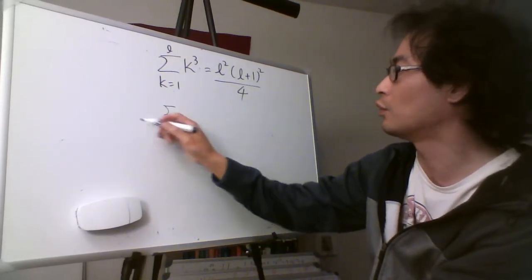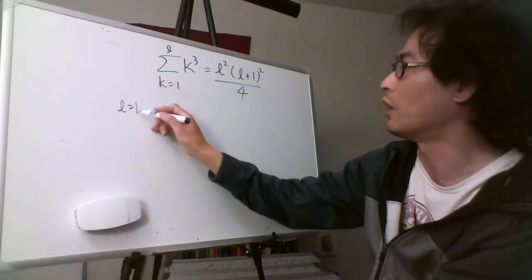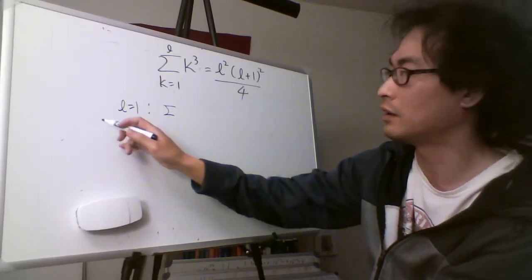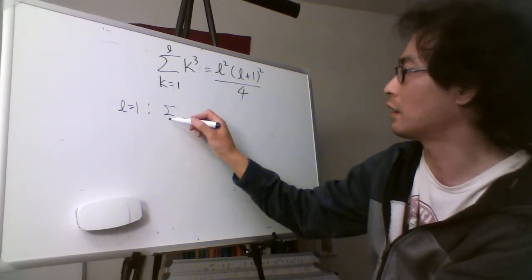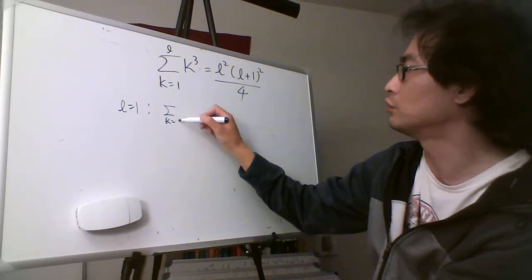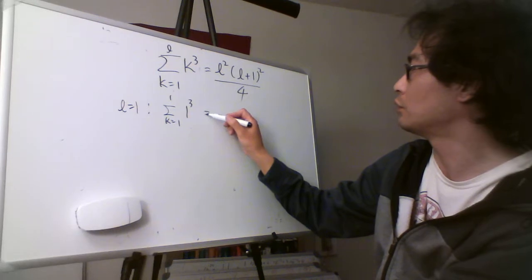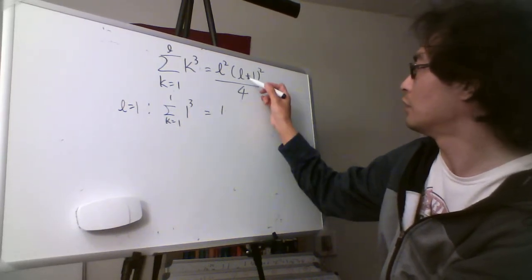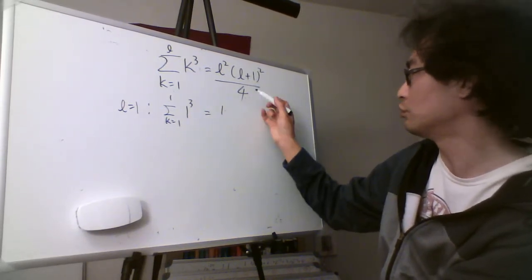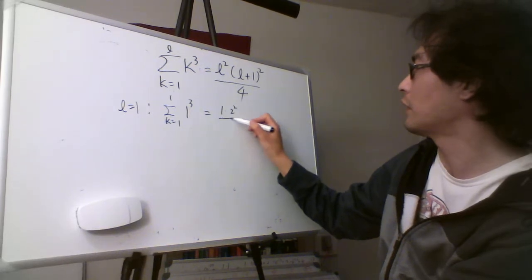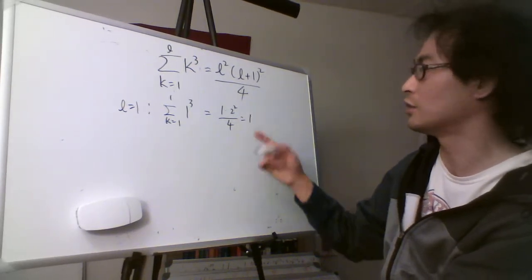Sigma, L is equal to 1, that's the initial condition. K from 1 to 1, 1 cubed is equal to what? 1 times 1 plus 1, 2, 2 squared divided by 4 is 1. Okay, so it's proved.